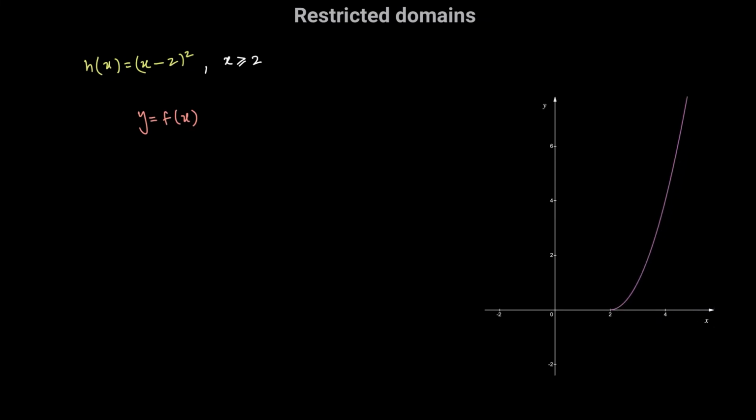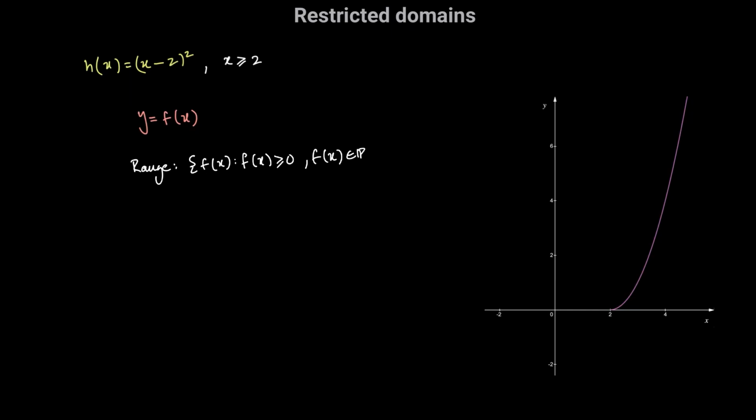So over here we can say that the range for this function is the set of f of x such that f of x is always greater than or equal to 0, and obviously f of x is a real number.